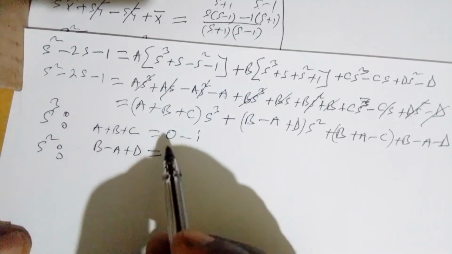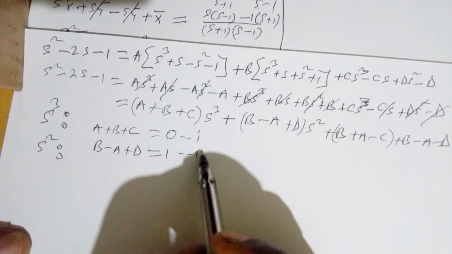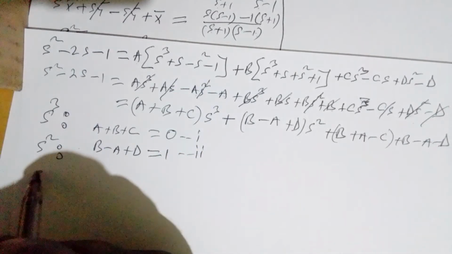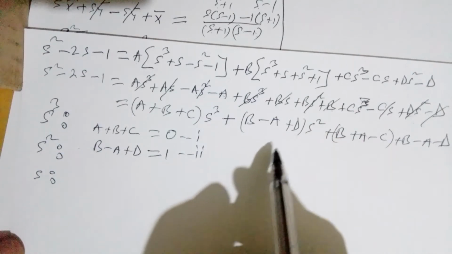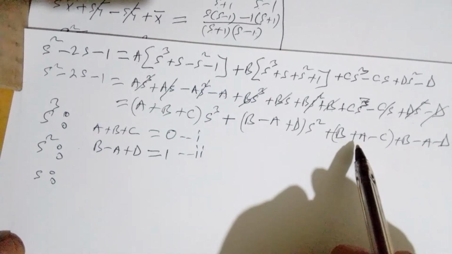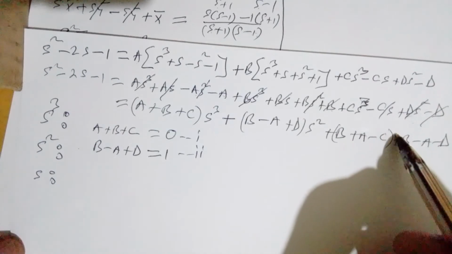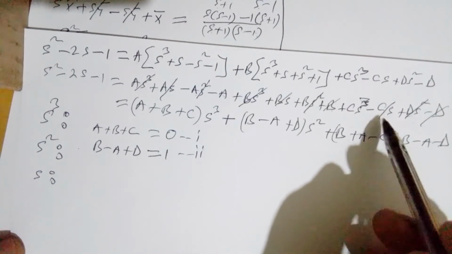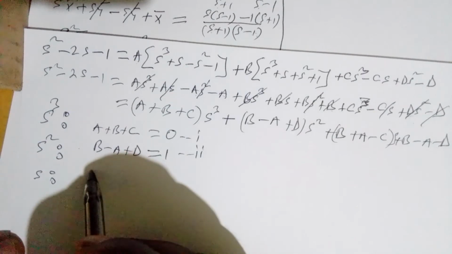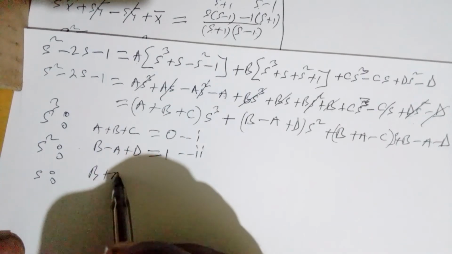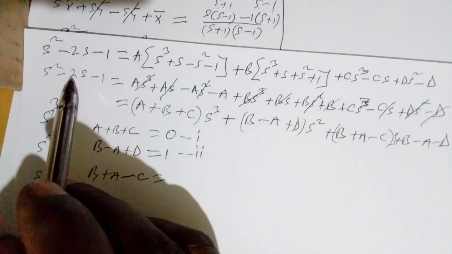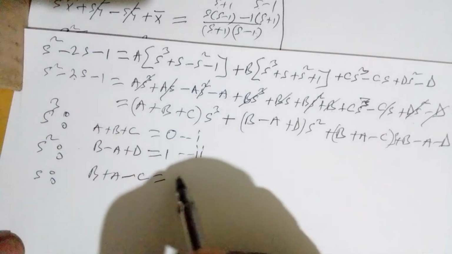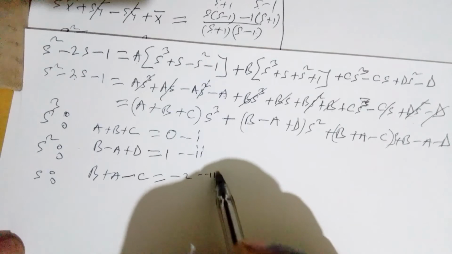On this side we have 1. Equation 2. Then coefficients of s, on this side we have B plus A minus C equals to, on this side we have minus 2. Equation 3.